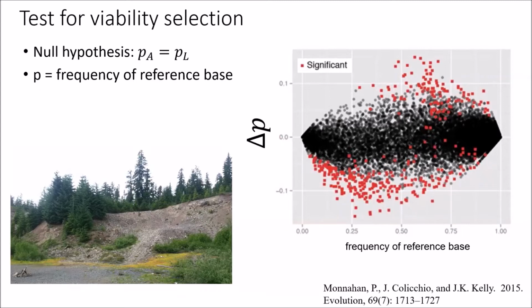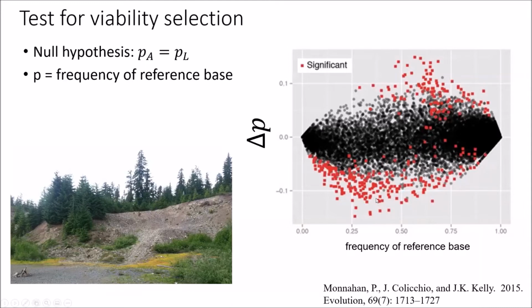As a consequence, you identify the null hypothesis as a constraint on parameters and contrast that to the alternative hypothesis where you allow those parameters to be unconstrained. So the null hypothesis here is that there's no selection. The genotype does not affect your probability of survival. And the consequence of that is that the frequency in the A cohort is equal to that in the L cohort, which is stated here.